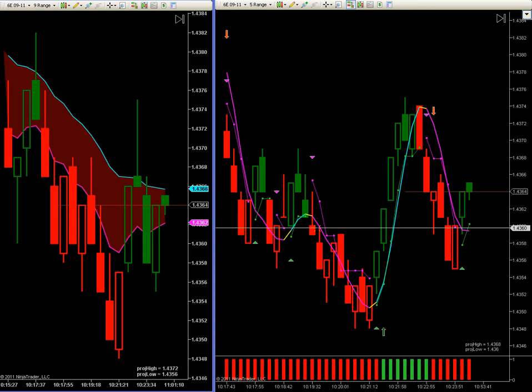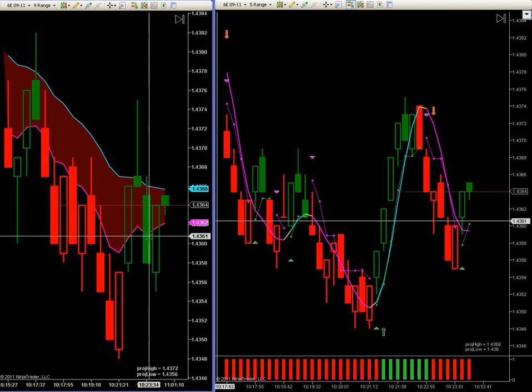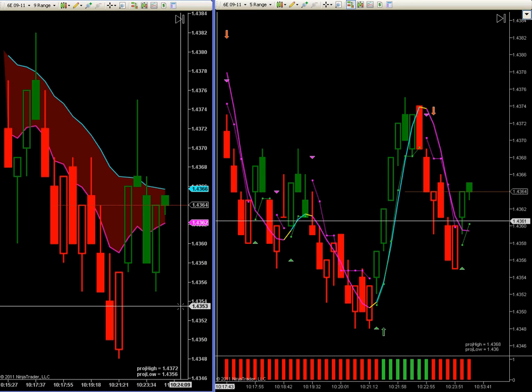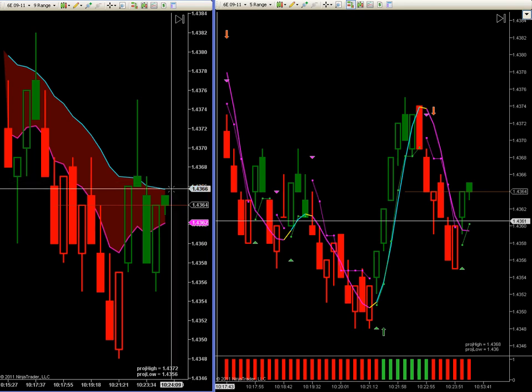You notice here we have a few green candles and the fast magenta moving average has been rising, but the slow moving average has been flat. So now we are anticipating a moving average cross above, meaning we must have the aqua moving average rising as well.